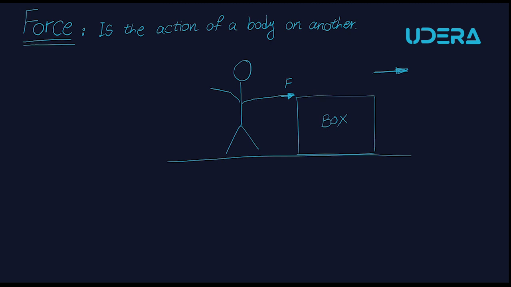If this person can overcome that resistance, that different parameters are included, like friction, like the mass of the box, and so on, the box will move along the direction of the force. Otherwise, his attempt is useless.